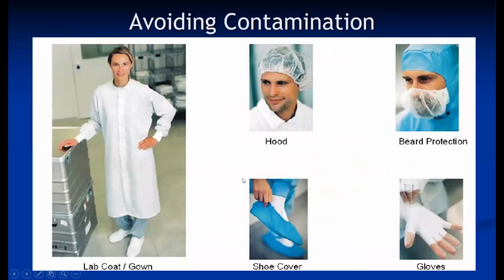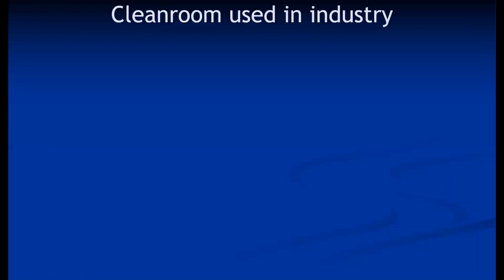To prevent this contamination, a proper coat or gown is designed, a hood is used, beard protection masks are used, shoe covers are used, and then gloves are used. In order to avoid this contamination, the workers in the clean rooms are provided with this dress code.